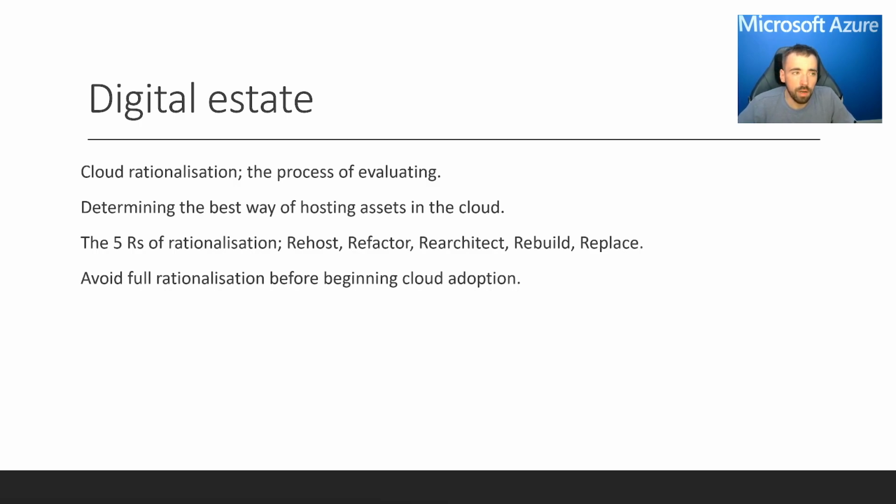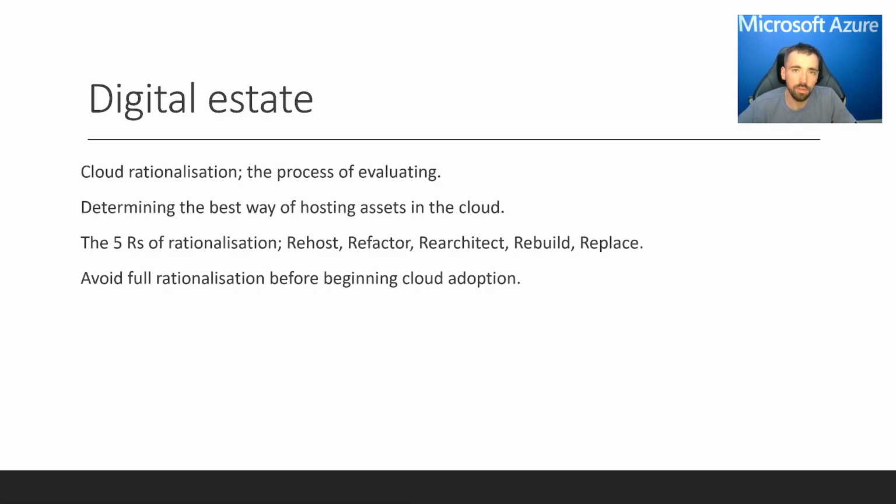So let's look a little bit more at the digital estate. So this is all around rationalization, and this is the process of evaluating assets on premises to see how we can run them in the cloud. And these fall into 5 categories. There are more, but these are 5 of the most common.